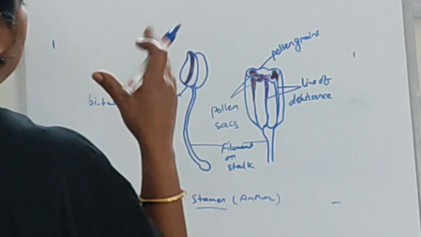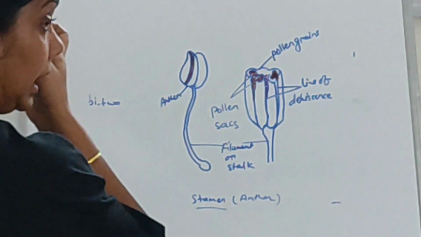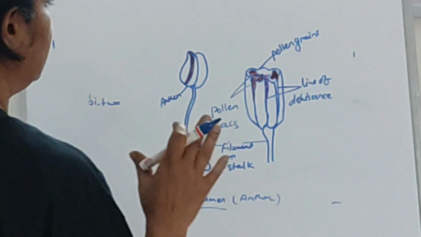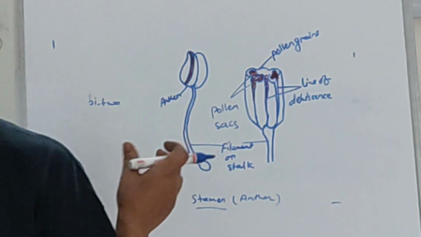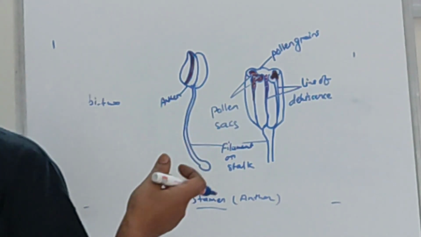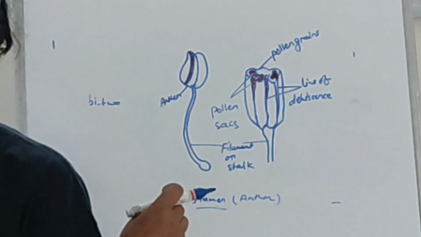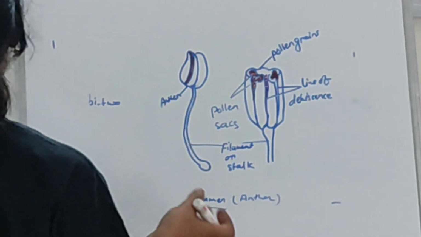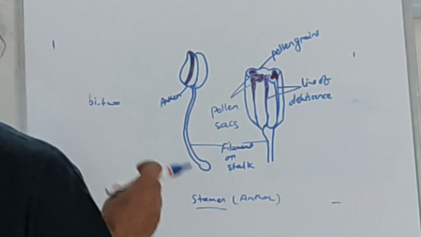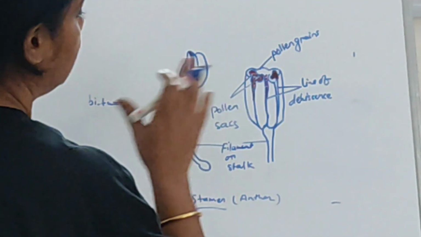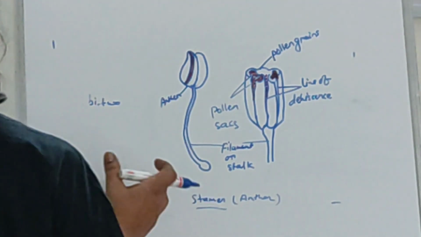It may be 2, 4, 5, 6, 8, whatever, and the size is also different in all flowers. It's not always the same. If you want to see this, you can easily arrange the anthers of a flower on a slide and see under the microscope the variation of anthers in the flowers.